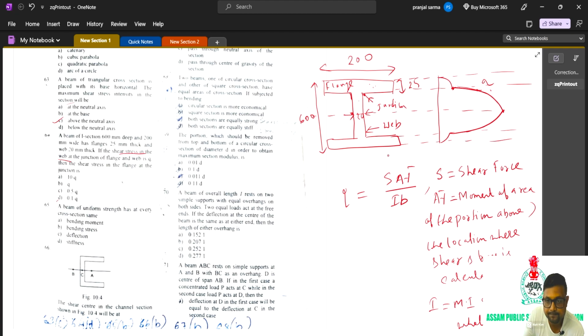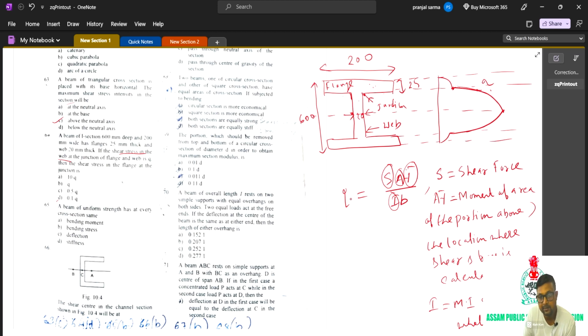Now you can see here, S is constant, I is constant, area also constant, Y also constant, because you have to find A Y bar from this location only. This is the layer. Above this layer, you have to find the A Y bar value about this CG, neutral axis.